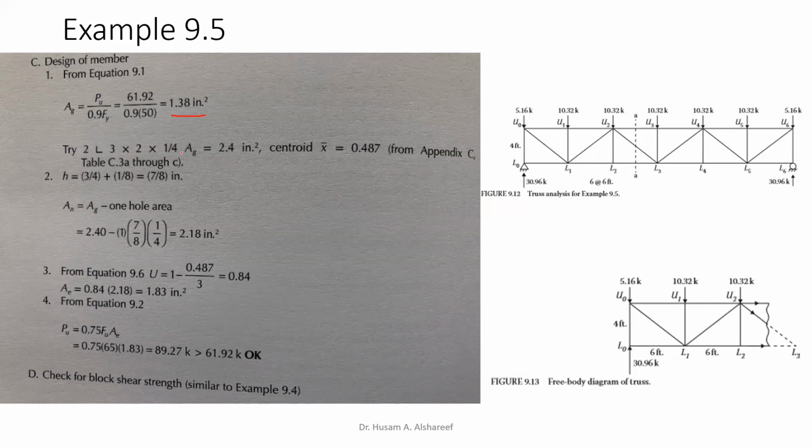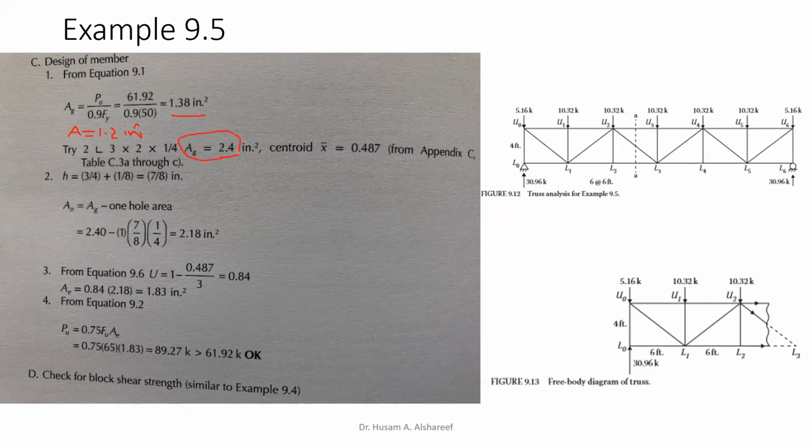So this is our shape here, and we'll choose 2 angles. If we choose 2 angles, then we multiply the area we found from the table, the gross area of 1.2 inch squared, by 2, which gives me 2.4. So now our new gross area is 2.4.